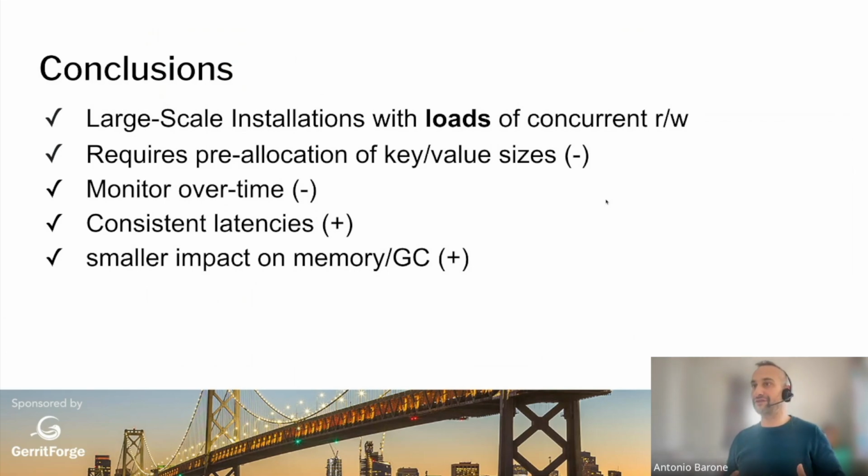But if you have a large installation with lots of concurrent reads and writes, you will definitely get an improvement by using cache-chroniclemap, as we've seen, definitely up to 3.11, probably with some terms and conditions even after that, depending on the type of traffic that you have.